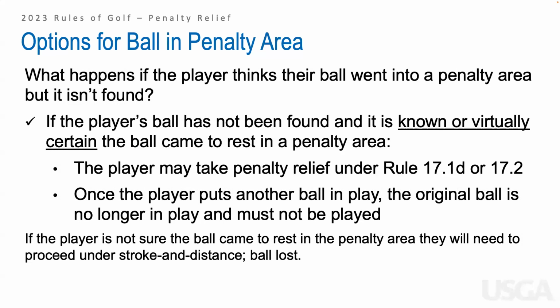You're stuck with the ball you put into play, and you're going to have that penalty stroke. If you're not sure, so you think maybe it's not in there, then you'll just have to proceed under stroke and distance and the ball will be lost.